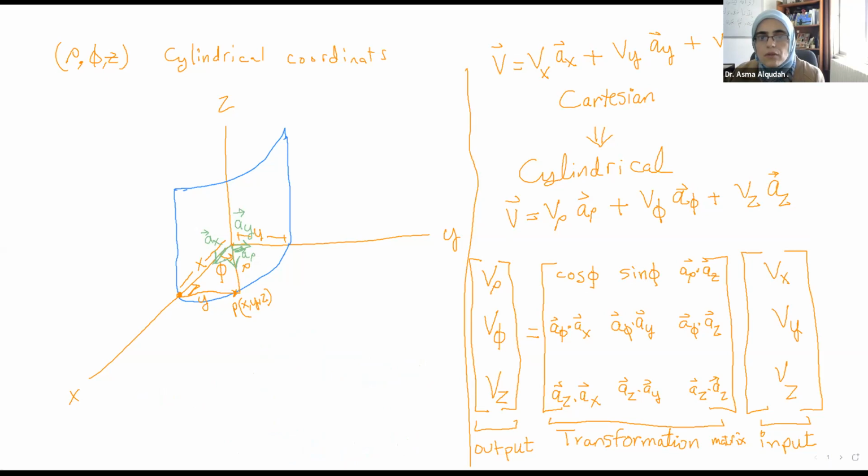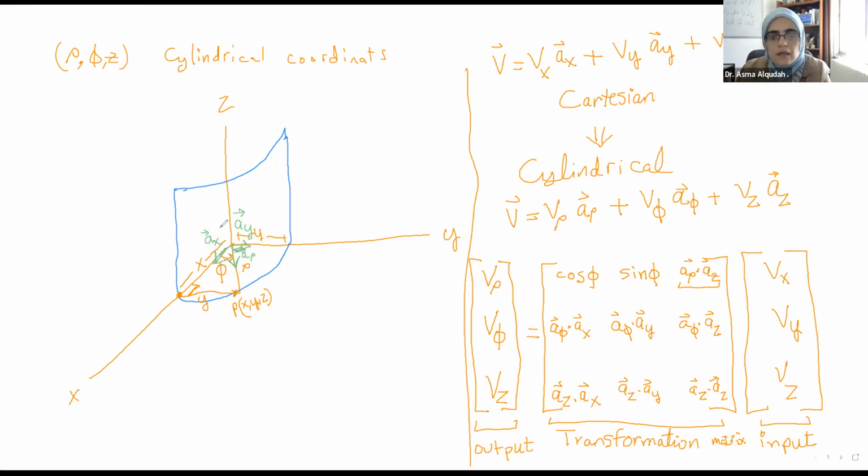Now the third entry here, which is A sub rho dotted with A sub z. Because A sub rho and A sub z are both coordinates in the cylindrical system and they are known to be perpendicular to each other, the dot product between any vector in the rho direction and any vector in the z direction should be equal to 0.